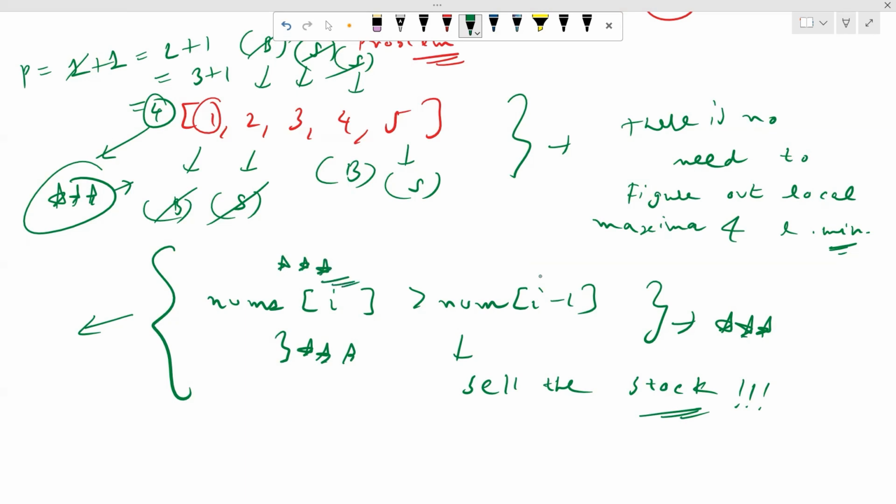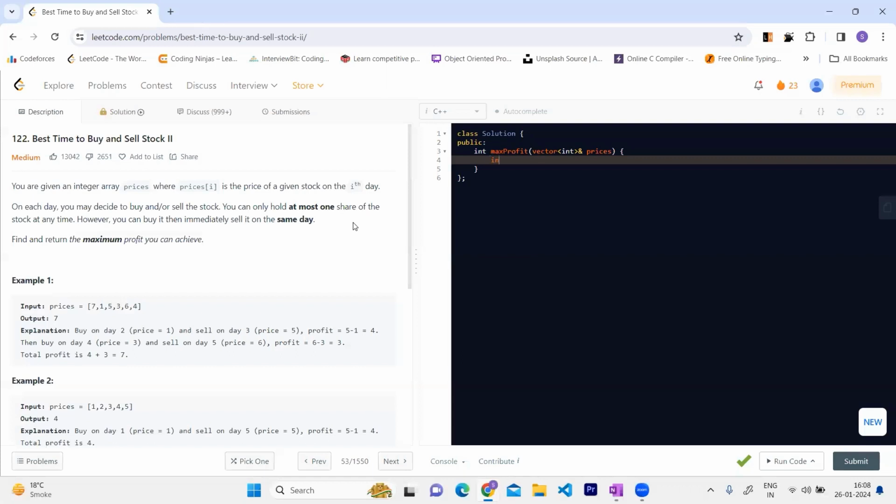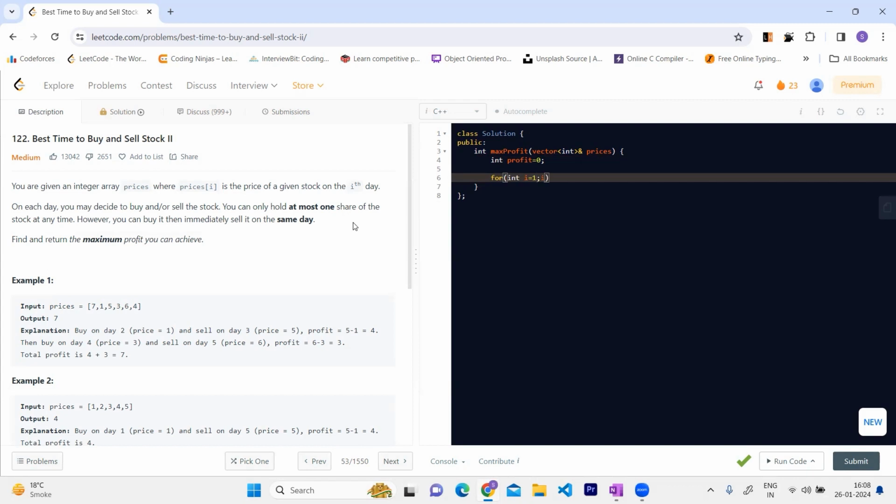Now let's try to code this thing up, right? Initially, let's say our profit will be equal to 0. Now we'll directly run a loop from 1 till i less than prices.size(). We'll increment our pointer. Now we'll check if prices of i is greater than prices of i minus 1.